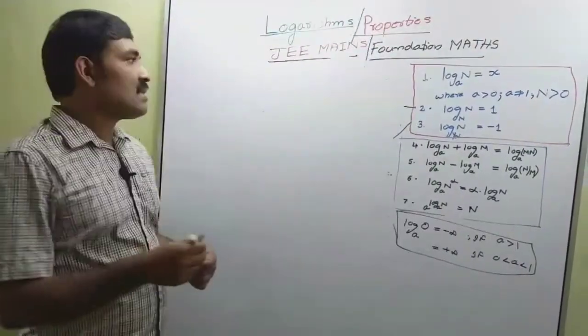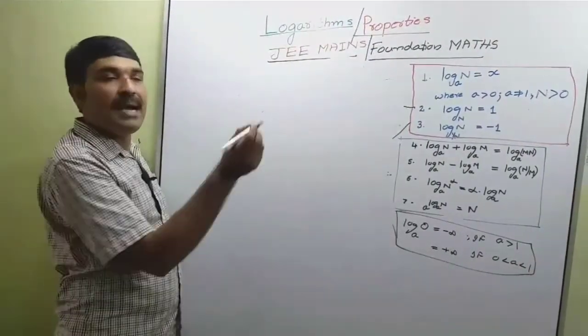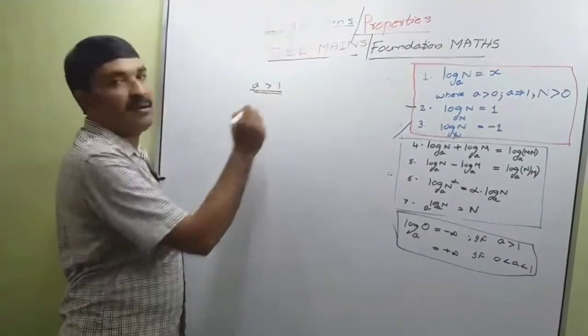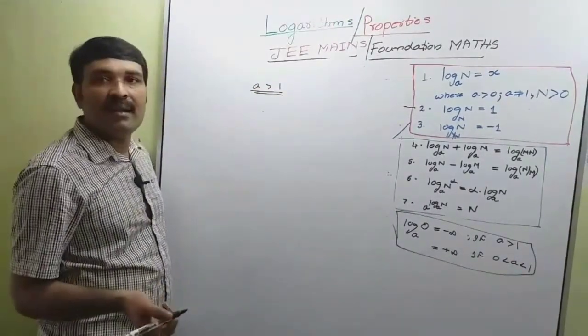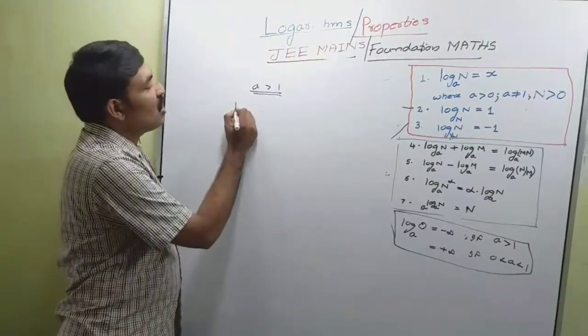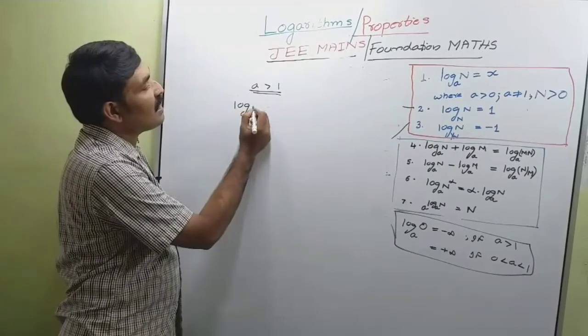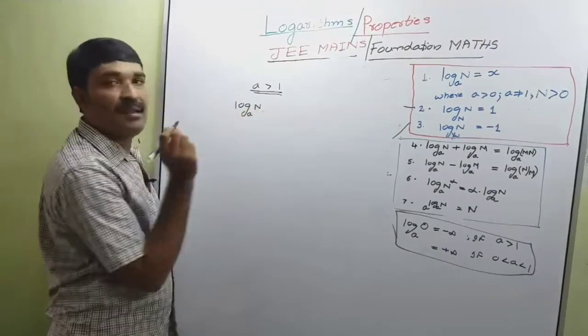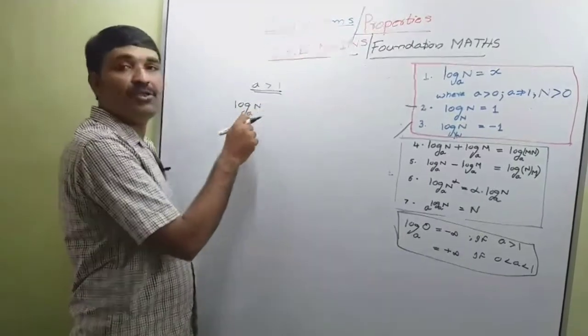Suppose the value of base a is greater than 1. Then we can draw the graph of log n to the base a.